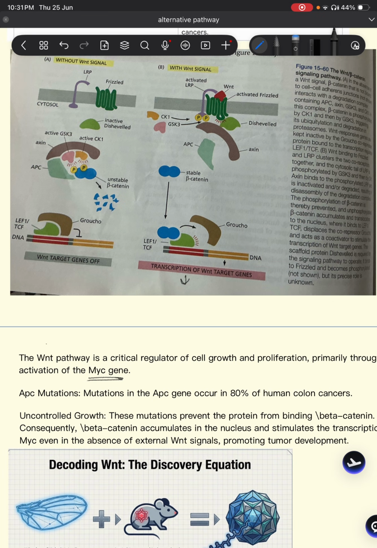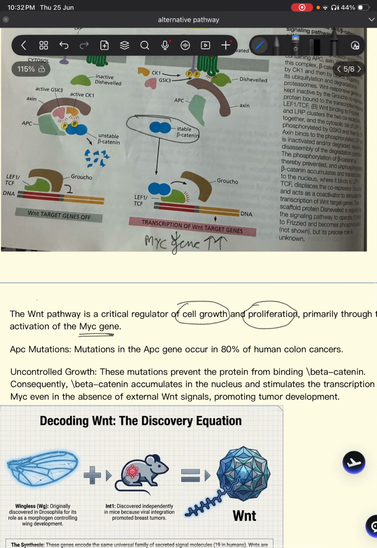Due to transcription of Wnt target genes, MYC is increased, which is important for cell growth and proliferation. But if my APC is destroyed, the beta catenin is stable and free, not degraded. Very important.